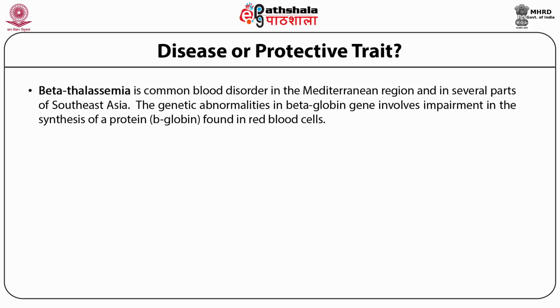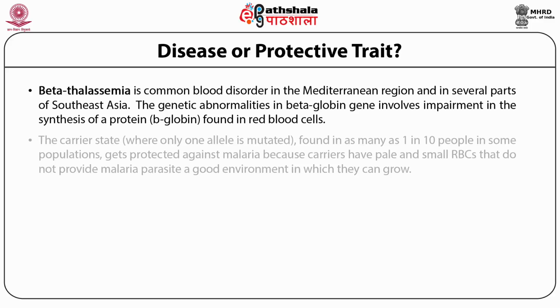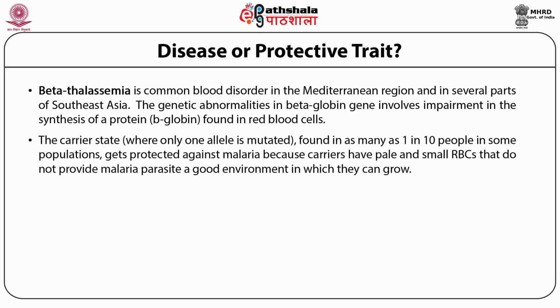But a person with both alleles affected has severe anemia, which usually requires lifelong blood transfusion, whereas the carrier state, found in as many as 1 in 10 people in some populations, gets protected against malaria because RBCs of carrier individuals are small and pale, which does not make available a good environment for the malaria parasite in which they can grow, as reported by Galanello and Origa in 2010 as well as by Rund et al.